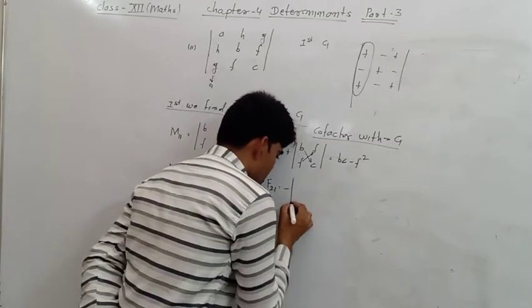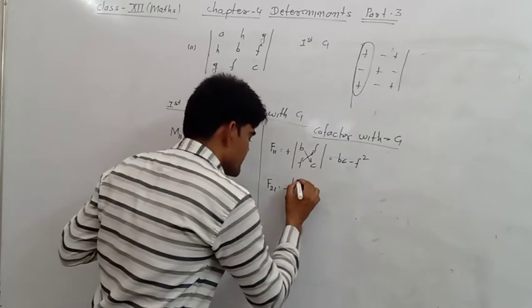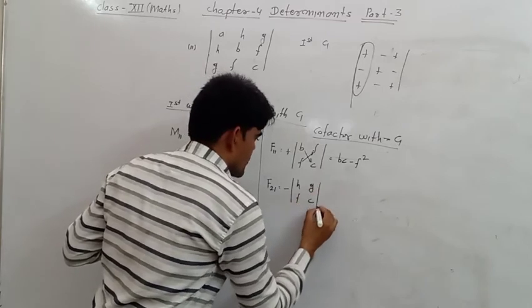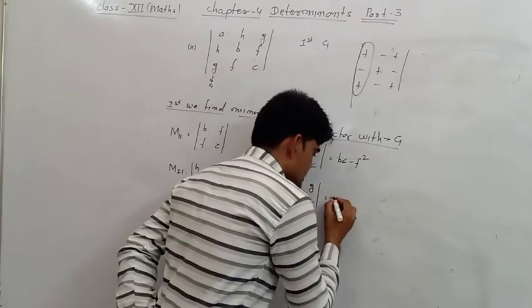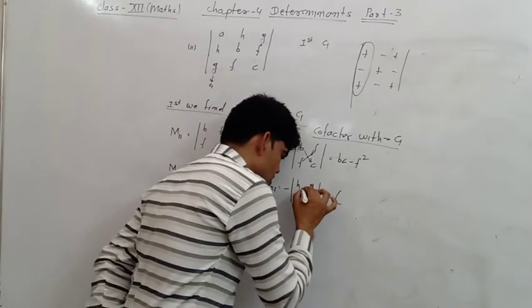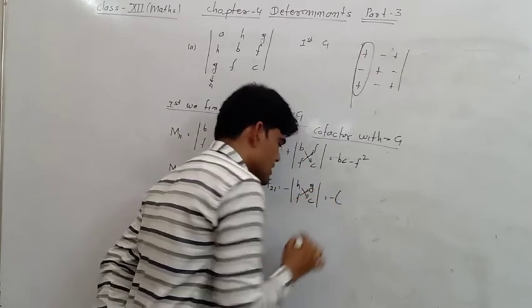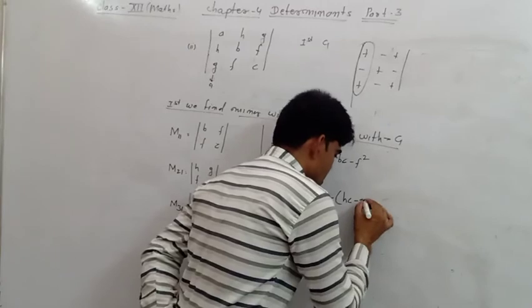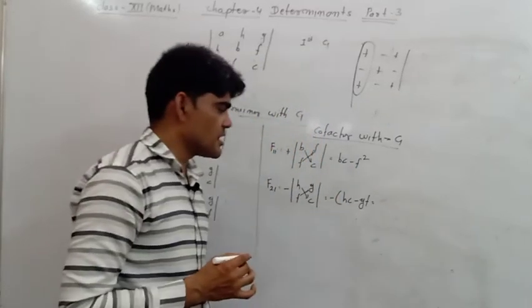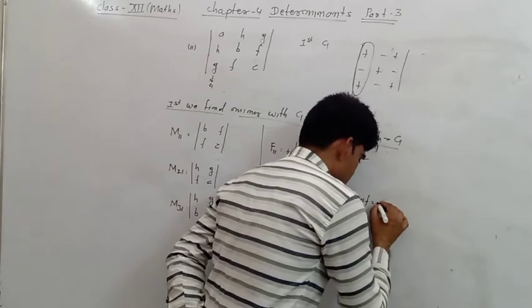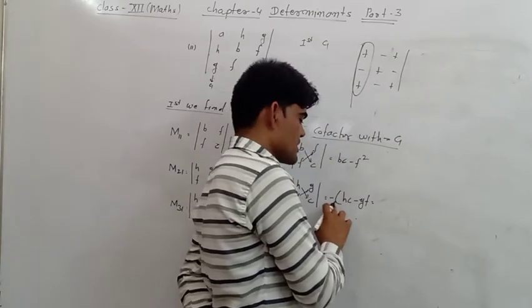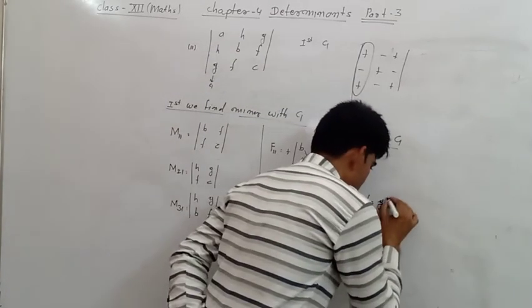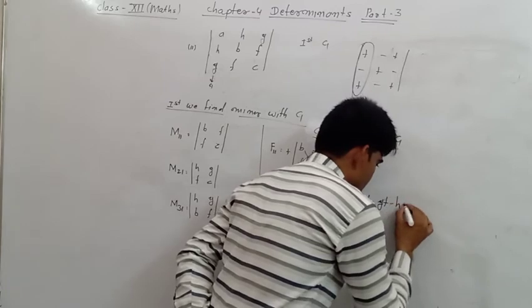This is negative, and this row has H, F, G and C. So it equals minus bracket H is multiplied by C and F is multiplied by G, which is HC minus GF. The negative sign is multiplied: minus times positive, and minus times negative gives plus. Then we get GF minus HC.